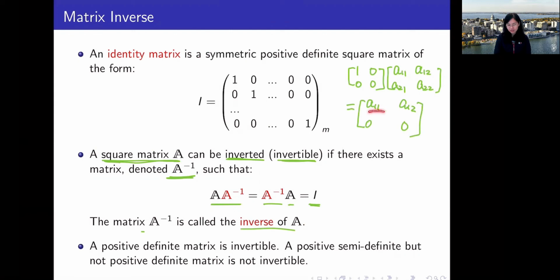Whatever the A's are, you cannot make this an identity matrix. Why so? Because the second row, second column is always 0, and that's not the same as what an identity matrix would have in this location. So this cannot be the identity matrix, regardless of what matrix you put here. So a positive semi-definite but not positive definite matrix is not invertible.